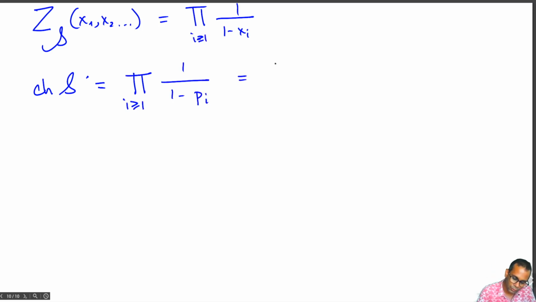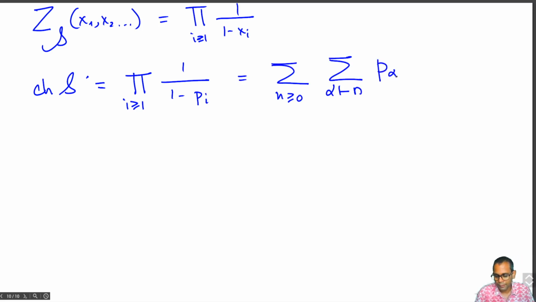If you expand this out, what you'll get is summation n greater than or equal to 0, summation alpha running over all partitions of n, p_alpha, where p_alpha is the power sum symmetric function corresponding to the partition alpha. So maybe I'll just call it lambda. So p_lambda is the product over i greater than or equal to 1 of p_i raised to m_i(lambda), where m_i is the multiplicity of i, the number of times i occurs as a part of lambda. So that's the characteristic of S.